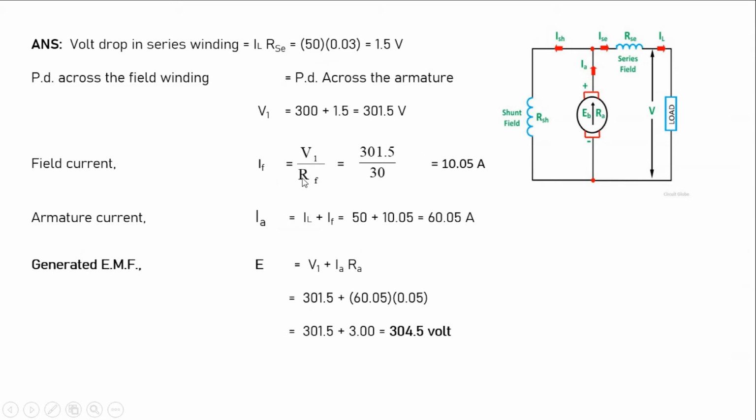So we can find the shunt field current as 301.5 divided by 30. 30 is the shunt field resistance, given in the problem. We get 10.05 amps.